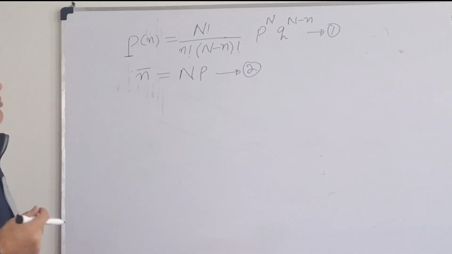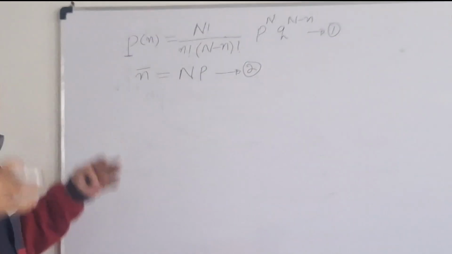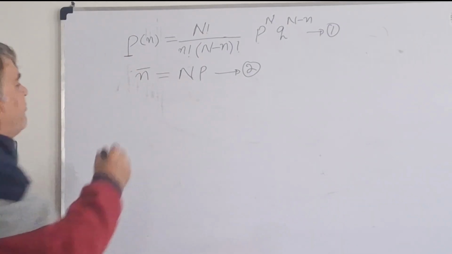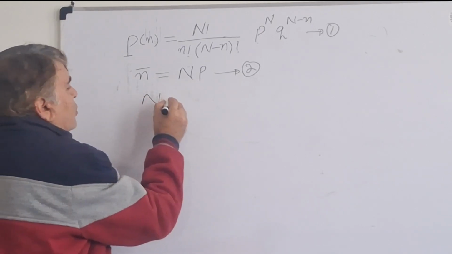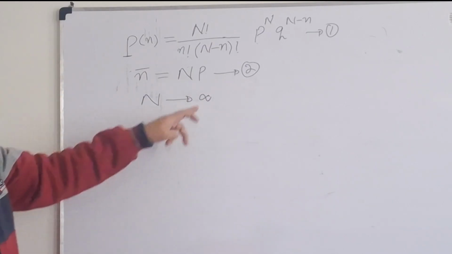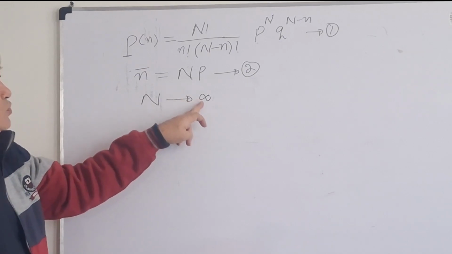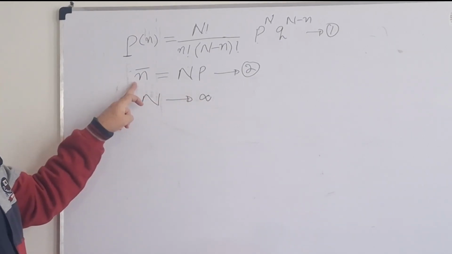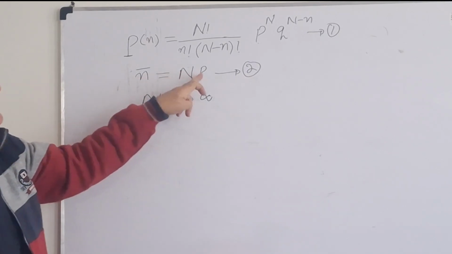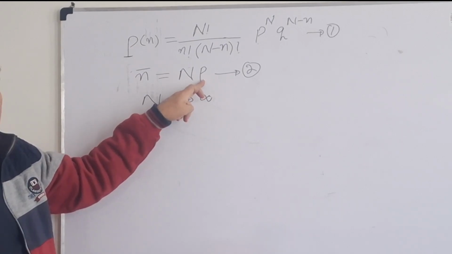Now, in random processes, usually the total number of trials or the total inputs is very large. And we consider this N to be infinity. So this is very large. In the mathematical language, very large is written as infinity. And when N tends to infinity, to keep the average value of small n finite, that suggests that the small p, or the probability in a single trial, will be very, very small.